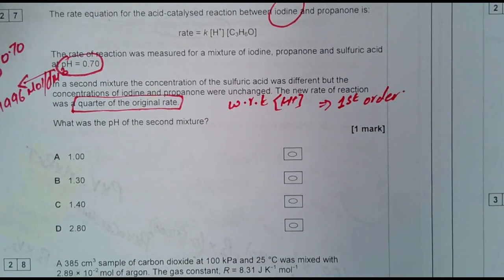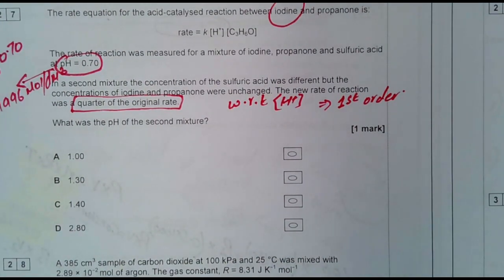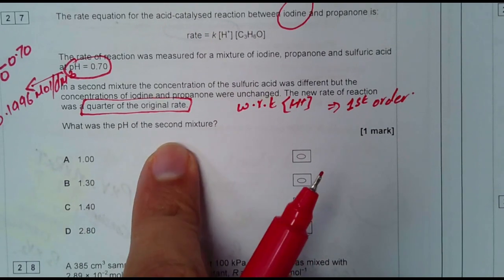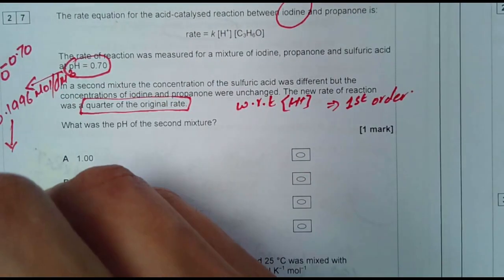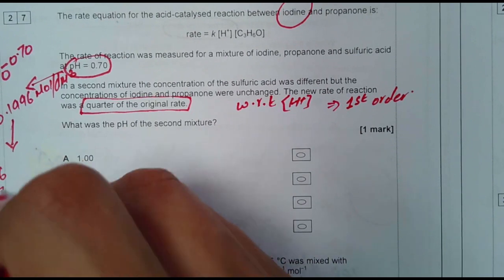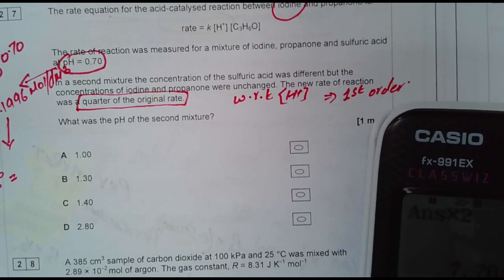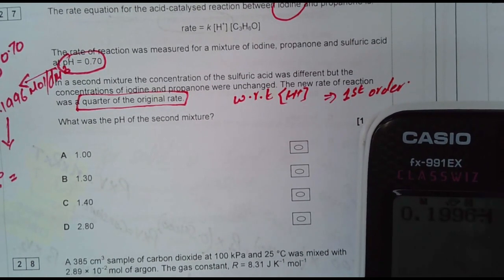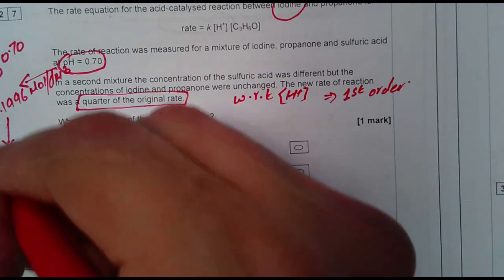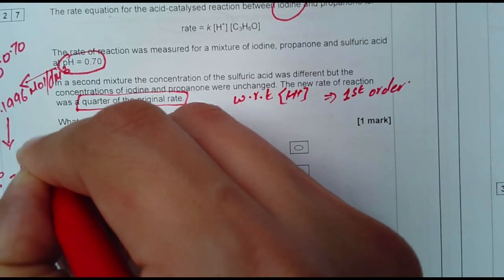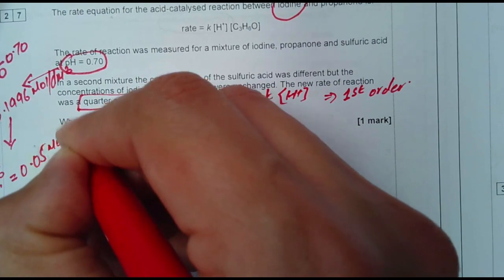If the rate goes down, that means the concentration has gone down by the same factor. So what will I do? It asks what's the pH of the second mixture. The concentration will be 0.1996 divided by 4, which gives you 0.05 mole per dm cube.